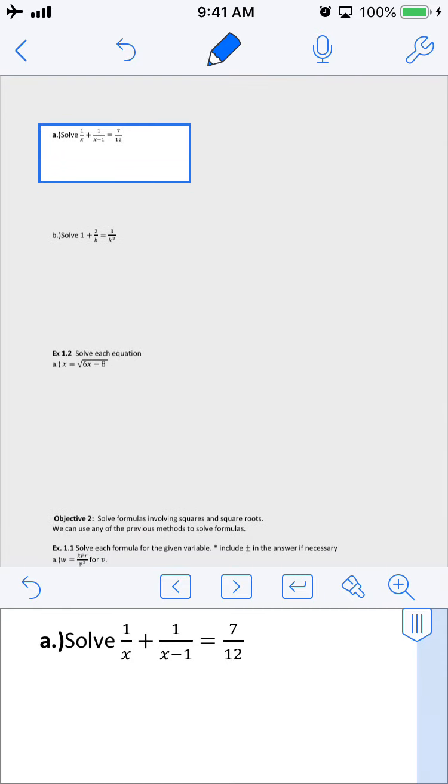Alright, so let's just go through these. It's not a long section, but it is kind of a refresher, so it may take a little while to bring it all back. So I've got this rational equation here. I know it's rational because I have 3 fractions. So the first thing I want to do is something called clearing the fractions.